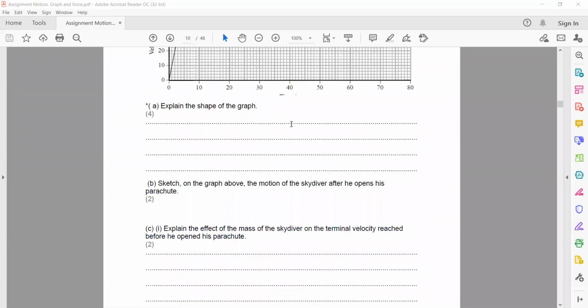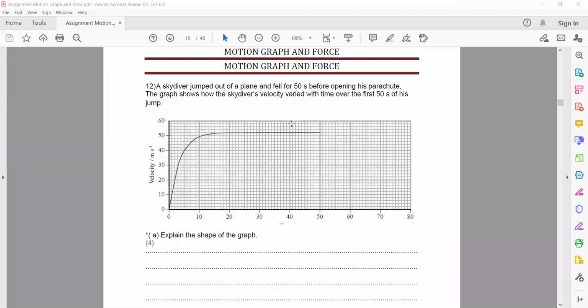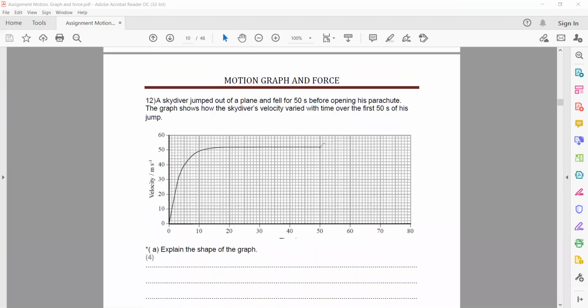Sketch on the graph the motion of the skydiver as he opens his parachute. So when he opens his parachute, he will decelerate and eventually he will reach a terminal velocity, but this will be a lower terminal velocity, so that will be safe to land on the ground.